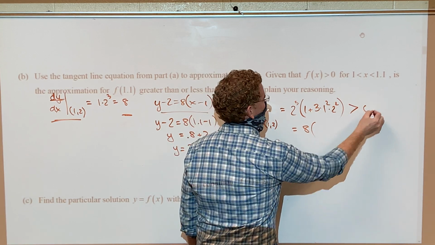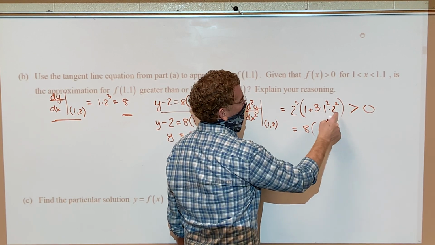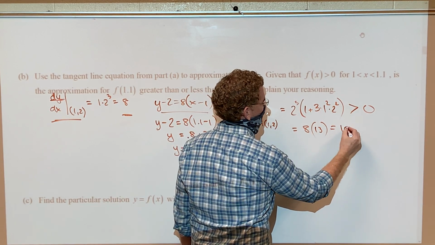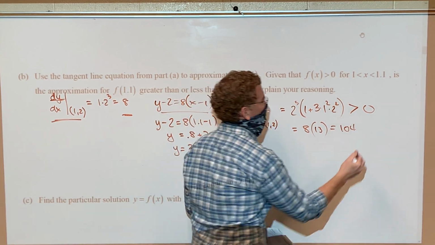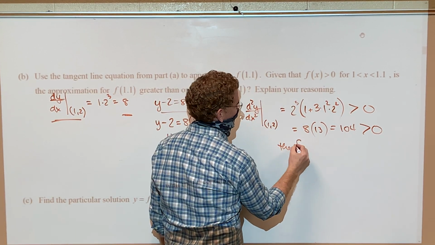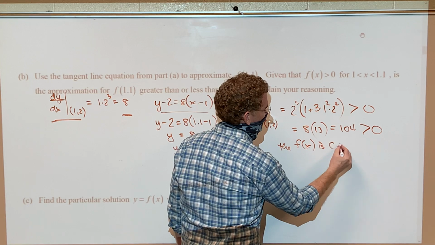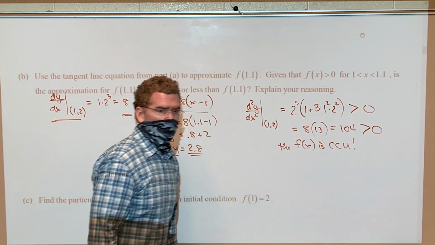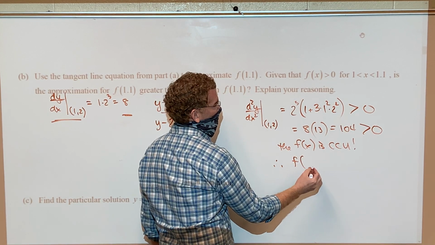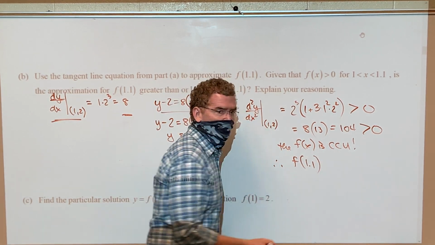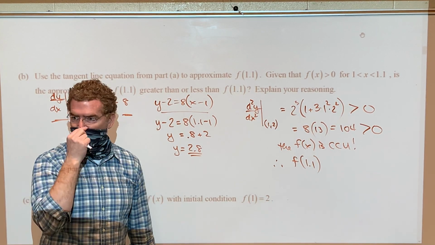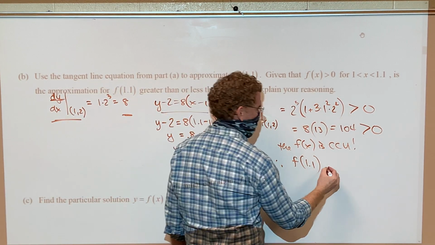It's nothing but positives in there. So I can go ahead and do the math. 4 times 3 is 12, 13. What do you get? A 104? Sure. Because it's greater than 0, the function f is concave up. Therefore what? F of 1.1, on the tangent line, would be below that curve, wouldn't it? So it'd be an under approximation.